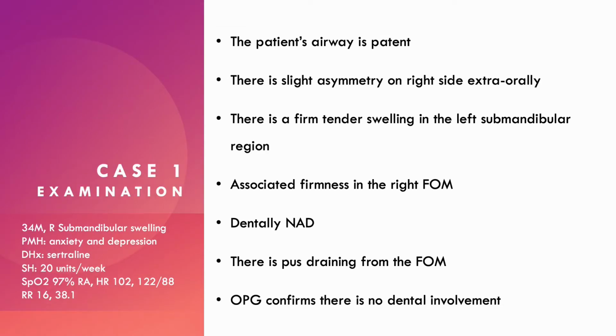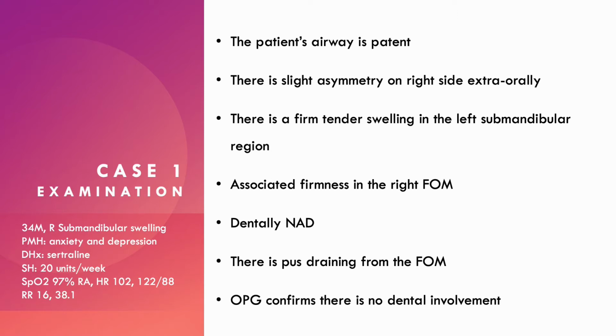So of course you can move on and do your examination. The patient's airway is patent. There's slight asymmetry on the right hand side extraorally, and there's a firm tender swelling in the right submandibular region, and you have associated firmness in the right floor of mouth. Dentally, the teeth look fine. There's no sign of caries or any tender teeth, no teeth TTP, and there does appear to be pus draining from the floor of mouth.